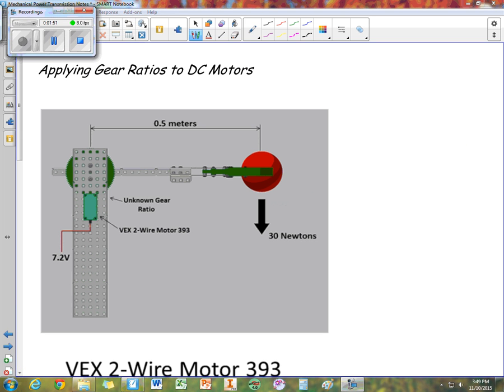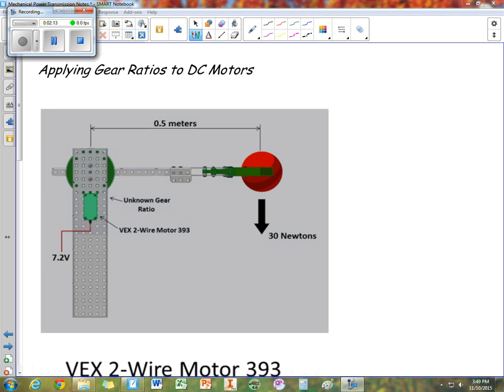Okay, let's start throwing this all together now, and let's start doing a larger problem. So here's what we have. We have an arm with a 30 Newton weight attached to it, and the arm itself is 0.5 meters long. We are using one VEX 393 motor. Now this is way too much torque for a single motor.